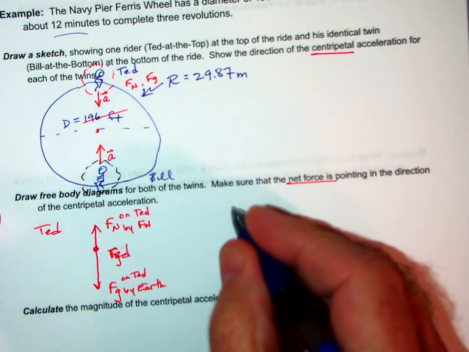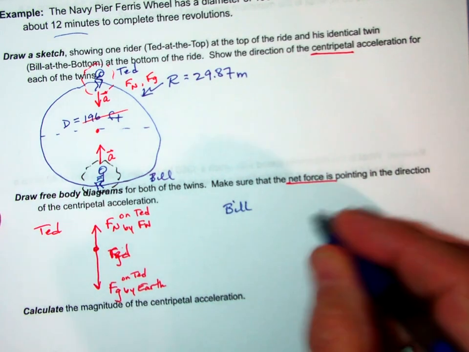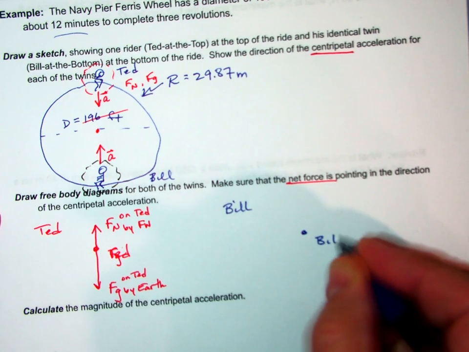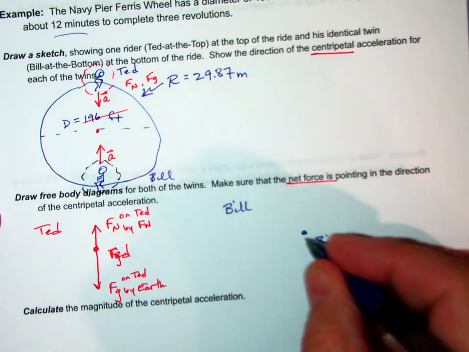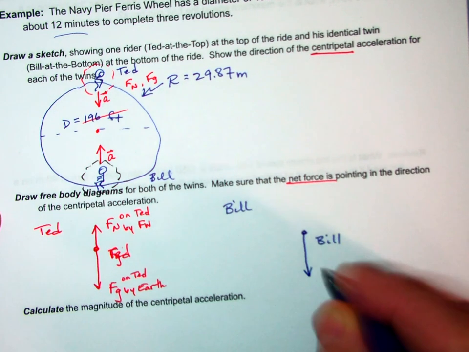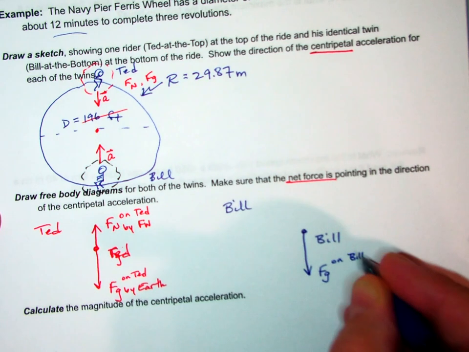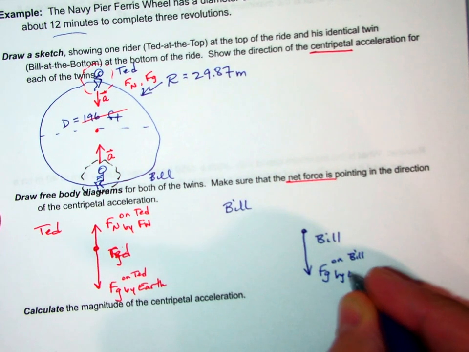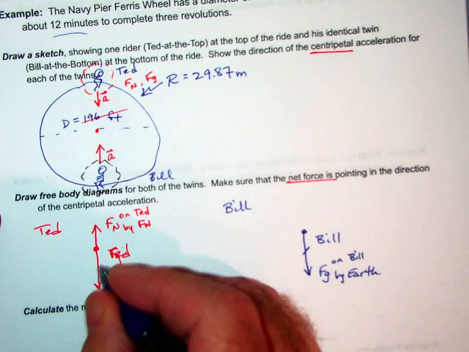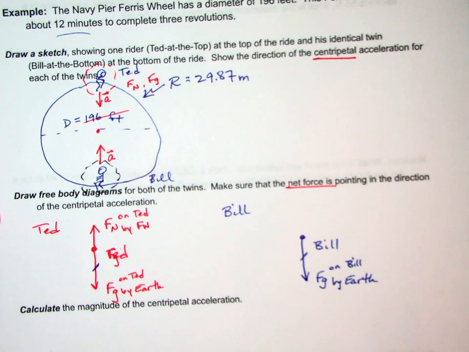Now, if we consider Bill at the bottom, this is Bill. Well, they're identical twins, so the gravitational force on Bill by the Earth, that's got to be the same as gravitational force on Ted by the Earth.